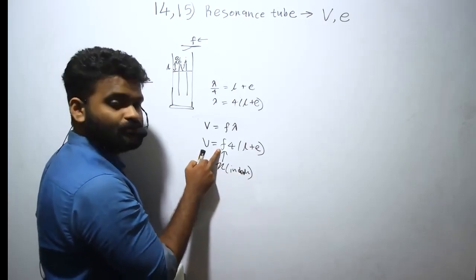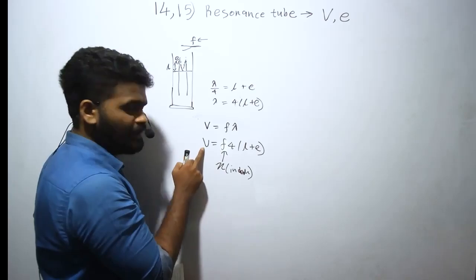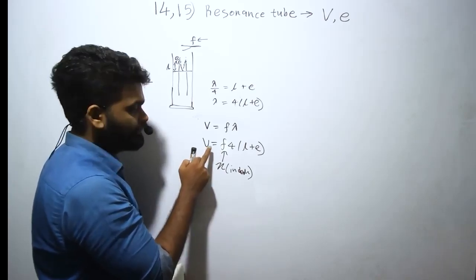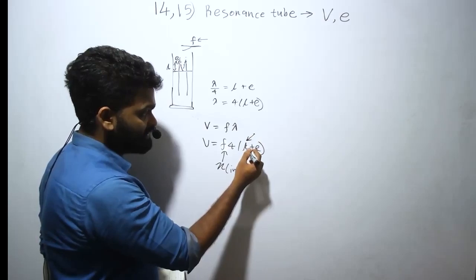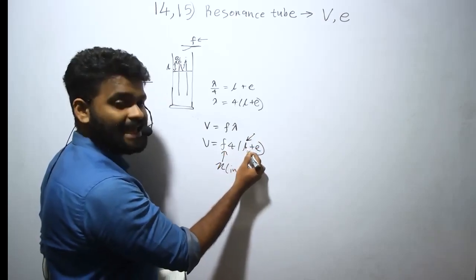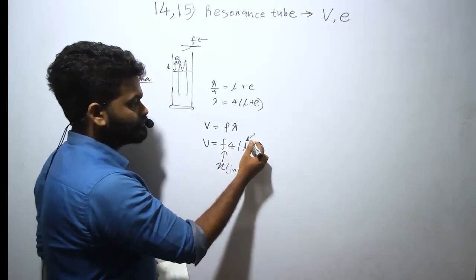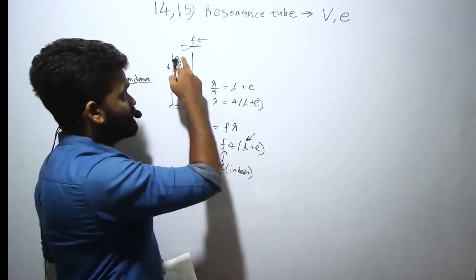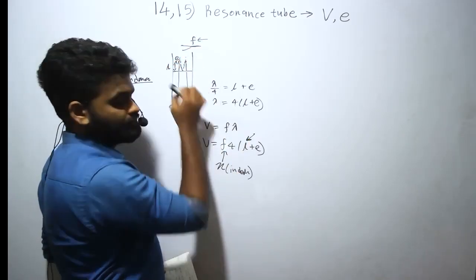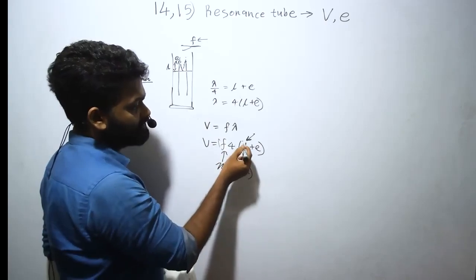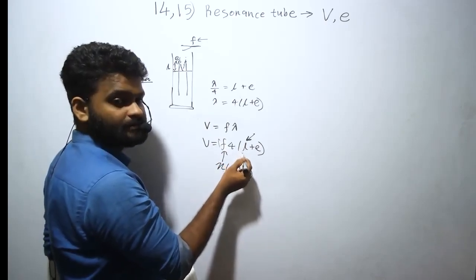So when you change F, velocity does not change, right? When you change F, the length depends on the frequency. When you are having higher frequencies, this length becomes less. When the frequency of forks increases, this length becomes less, right?